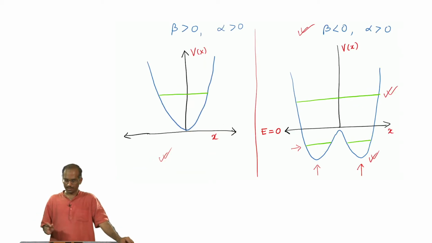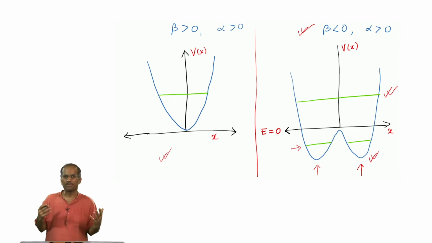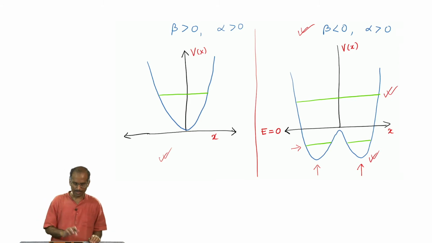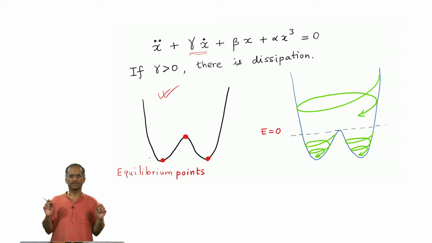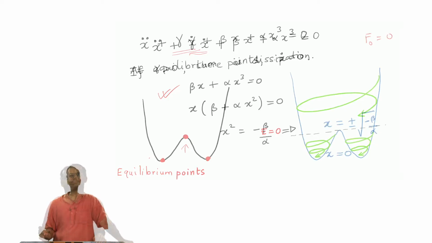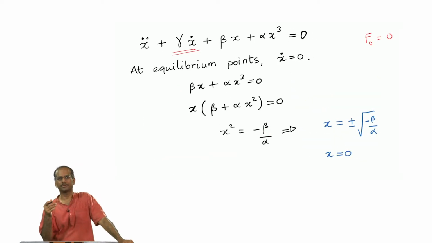Purely from intuition and from the kind of pictorial arguments we are making, it would have been very easy to guess that the two equilibrium points would be the two lowest points in the bowl. But what comes as a surprise is that actually there is also an equilibrium point here. As I said, at an equilibrium point, once the marble comes and settles, its speed is 0, its velocity is 0.